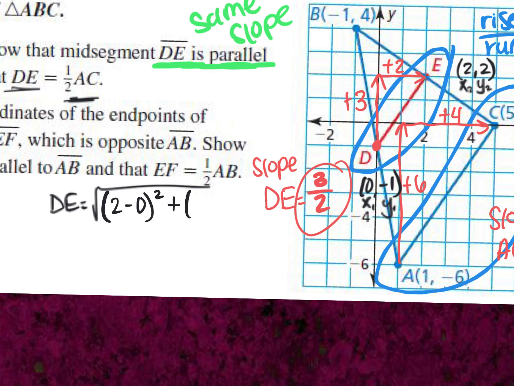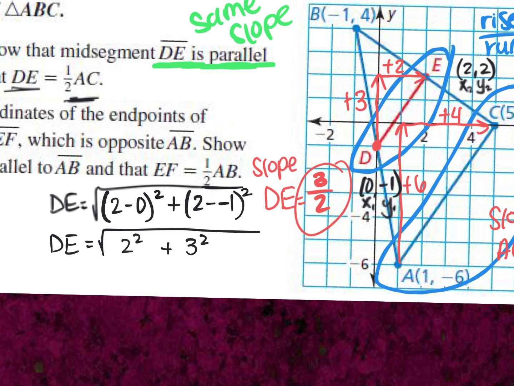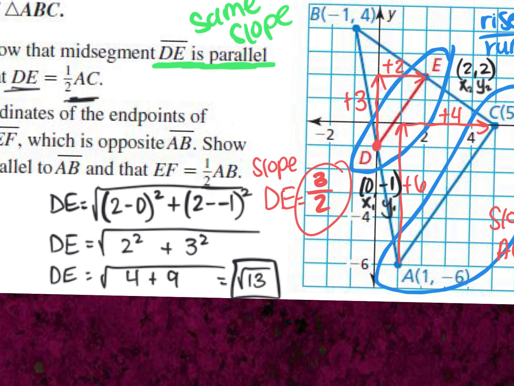Then we're adding y2, which is 2, minus the y1 value, which is -1, and then we're also squaring it. So we're going to end up getting DE equals the square root of 2 minus 0 is just 2 squared, plus 2 minus -1 is 3, and then we're squaring it. So we have DE equals the square root of 4 plus 9, which gives me the square root of 13. That does not simplify, so we're just going to leave it.